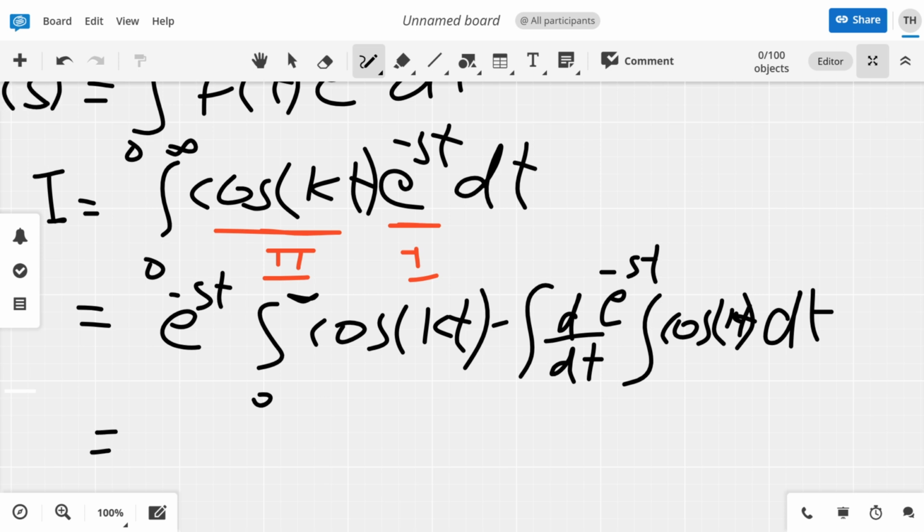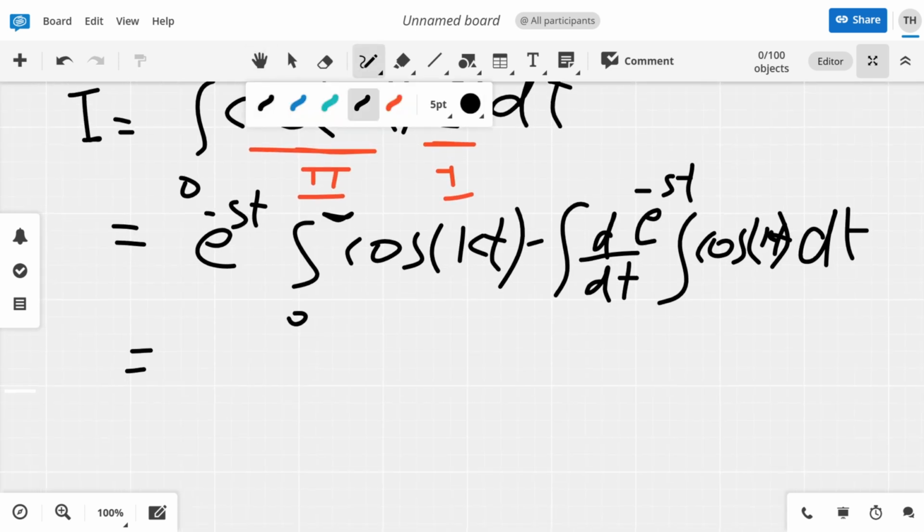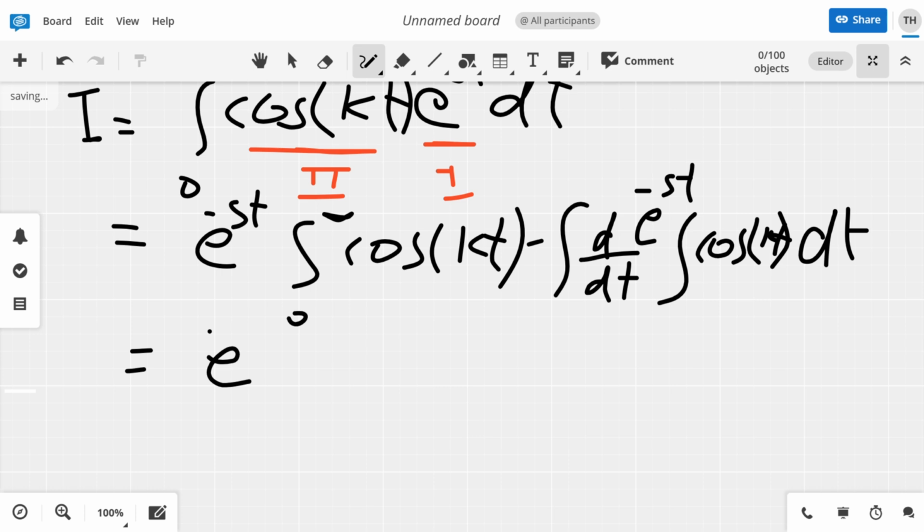So what is the integration of cos kt? Integration of cos kt will be sin kt divided by k, and here you will write exponential minus st times sin kt.